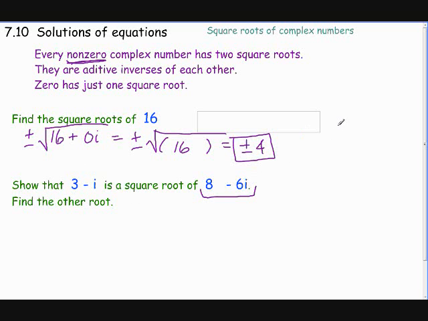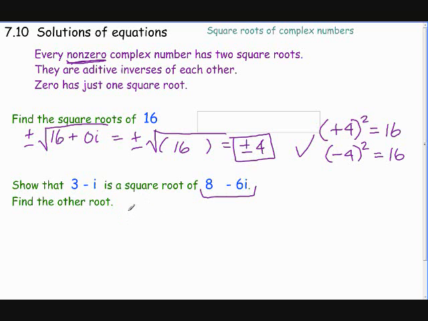If we've got a plus 4 and we square it, that will be equal to 16. So that's proof that that was a good square root. And if we have a negative 4 and we square it, that is also going to be 16. So that's my way of verifying that, in fact, those two are square roots.